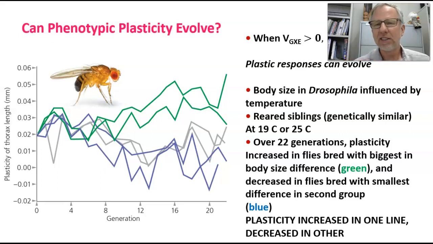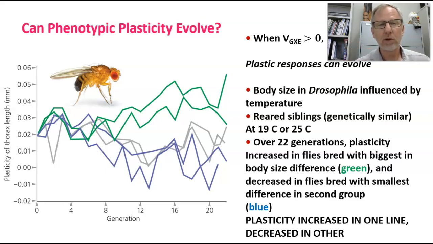Those flies that showed the greatest range in body size at these temperatures were the most phenotypically plastic. So they wanted to know, can we increase the phenotypic plasticity? Can we cause the phenotypic plasticity to evolve? So they took those flies and bred them, the ones that had the biggest differences in body size.